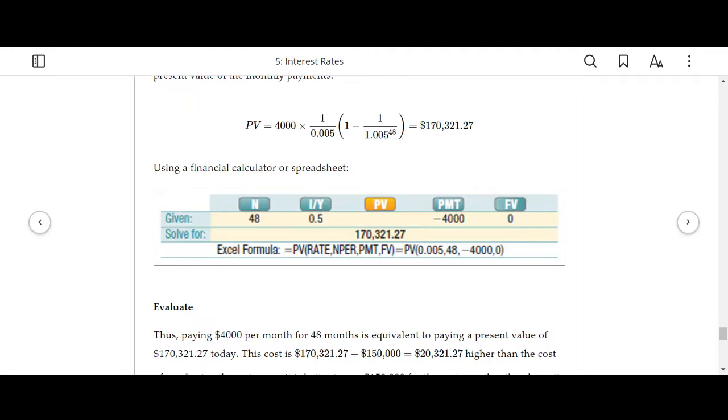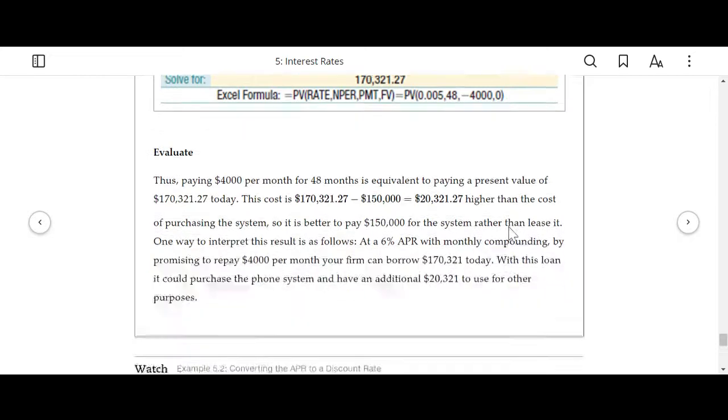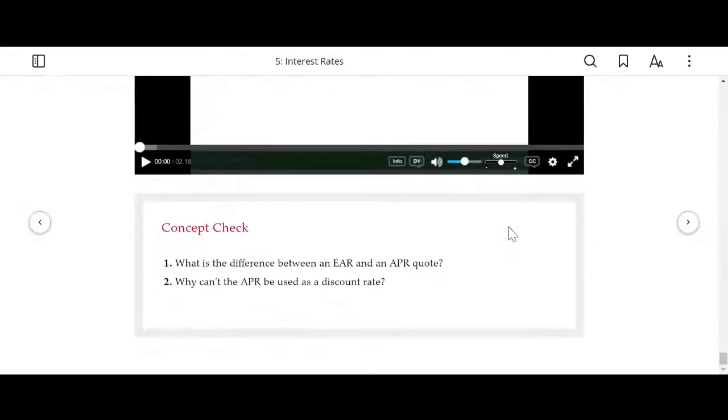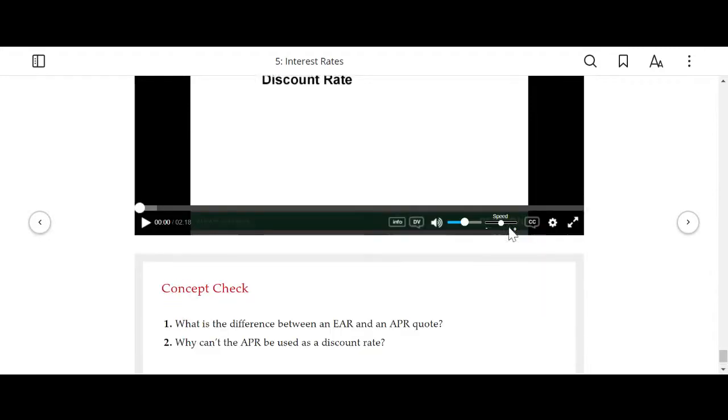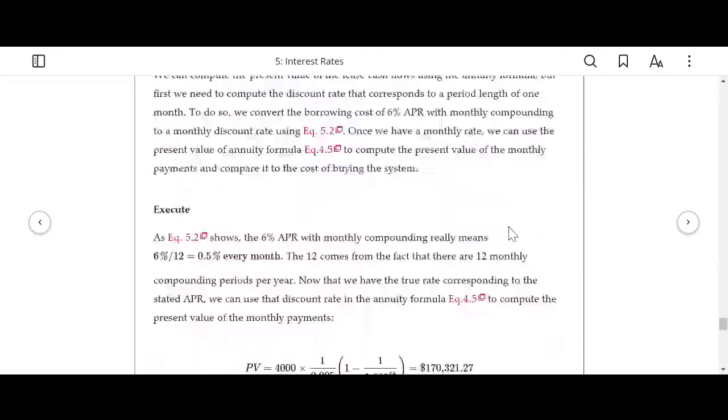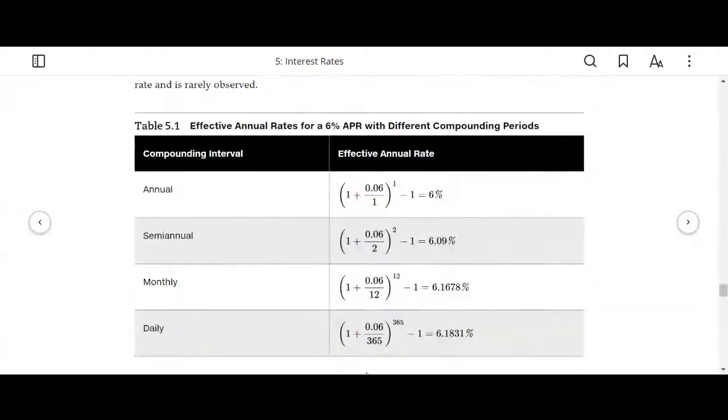But the point I'm trying to make, and I want everybody to understand, is that this right here is very important. This is what we're going to be using. The number of periods has to reflect the interest.